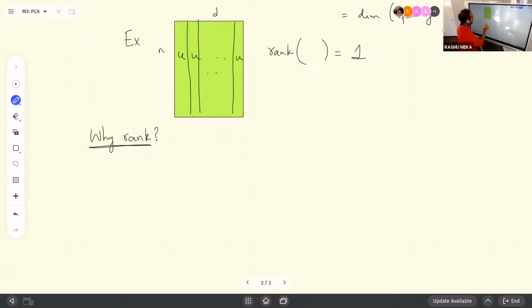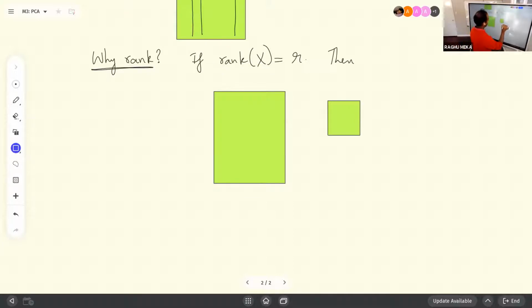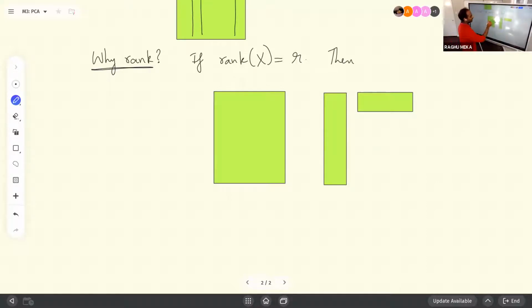Okay, so let me state it this way, right? If the rank of a matrix is r, then I can write the matrix, think of it as a tall and big matrix, as a product of two matrices.